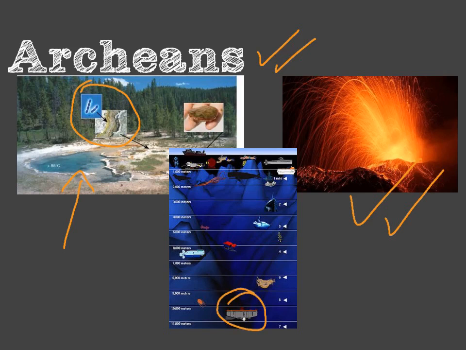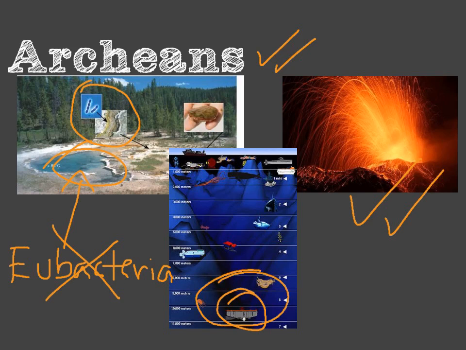And eubacteria, or real bacteria, like the ones that produce diseases or the ones that we can have in our body or in the soil, could never live in these places: hot water, very deep parts of the ocean, and very hot places like volcanoes. That's a property that only archaeans can perform.